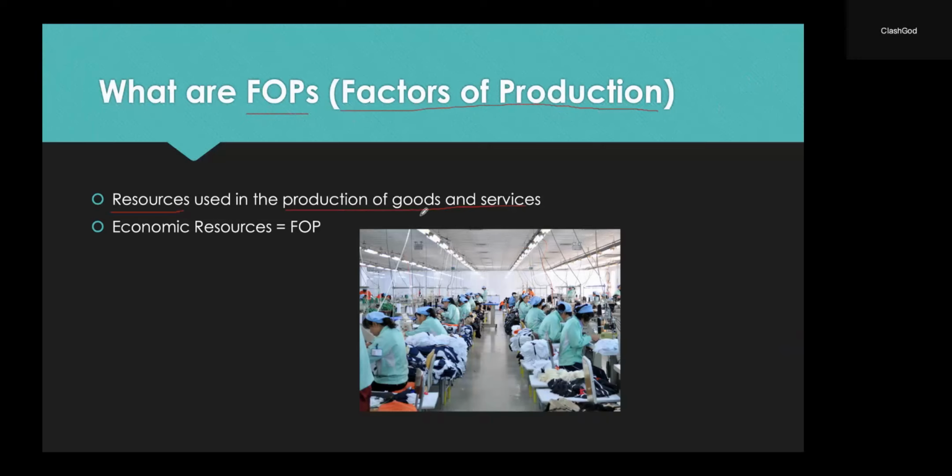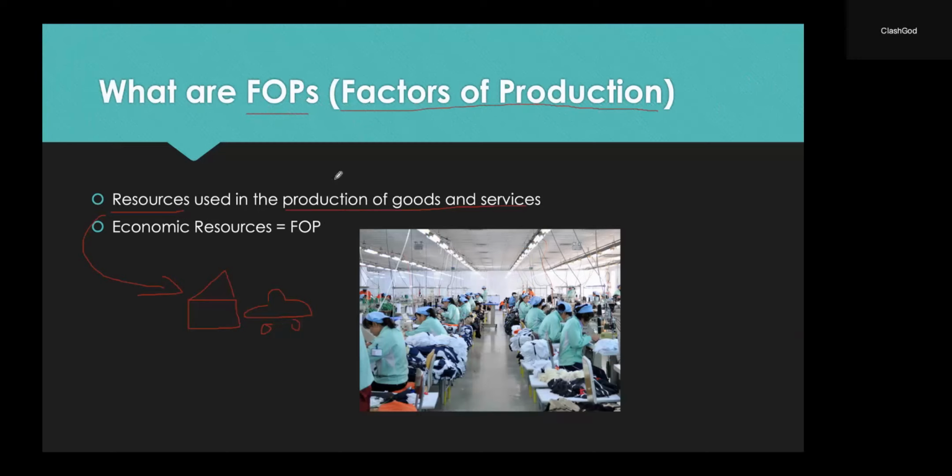So what are those? For example, we have houses, we have cars, right? We have all these goods and services. The things that we use to produce these things are called the factors of production.